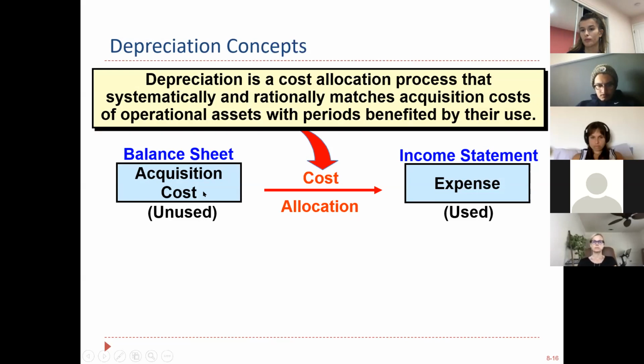So you buy the machine, it goes on the balance sheet, debit machinery, and then for the next 10 years, you're going to be depreciating it down to zero or to its salvage value by recording depreciation expense. So you depreciate a fixed asset.